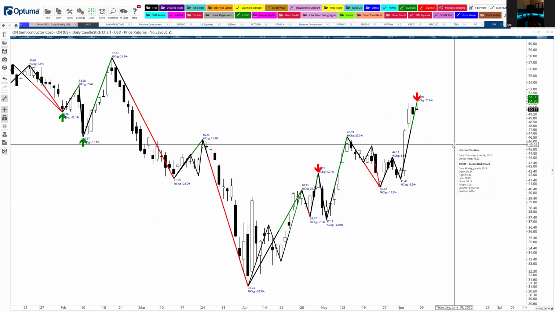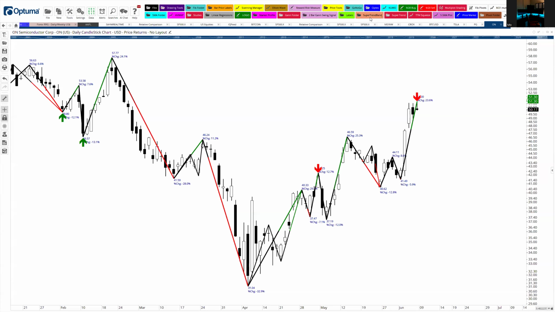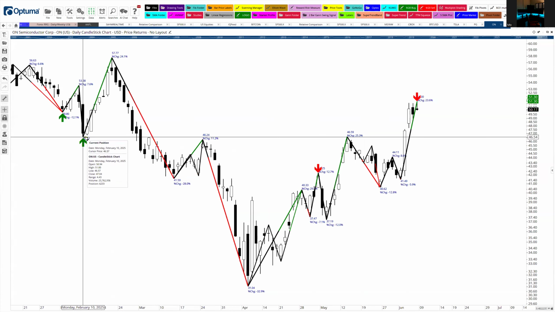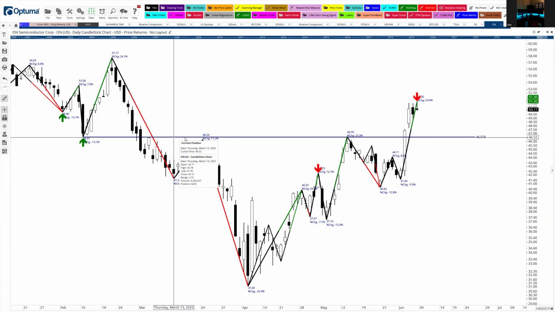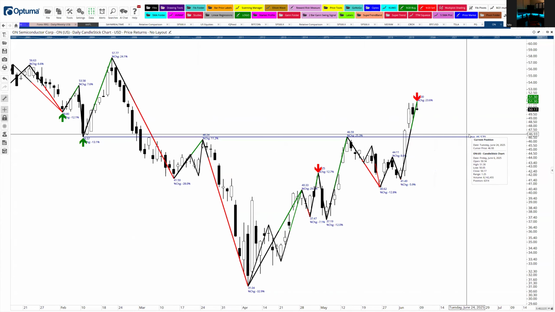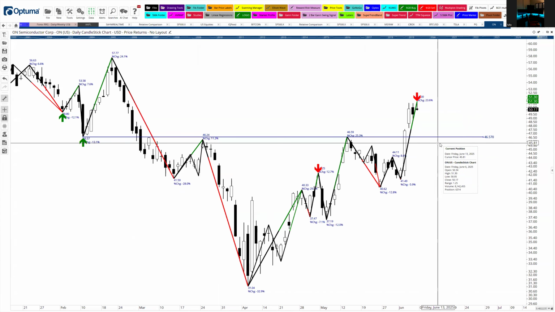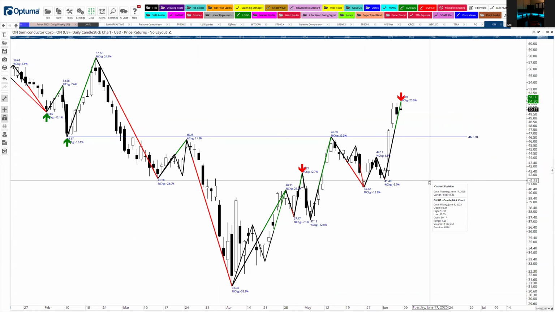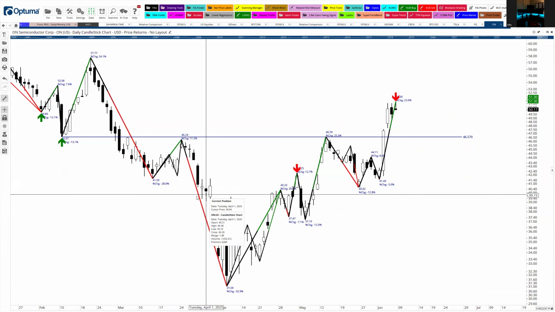Okay, let's find. We can scale an entry here. You see 46, 46, 46. There's going to be a strong support here. 50, that's a 4 point gap, 4 points to the downside.